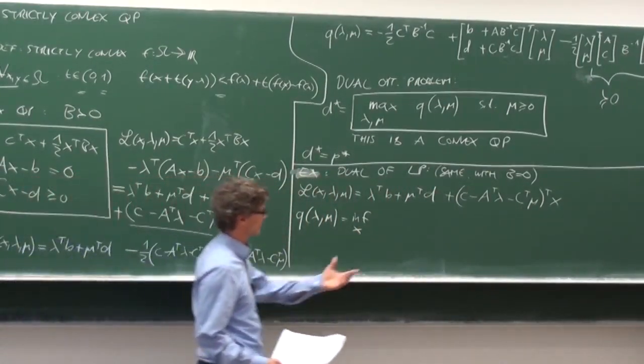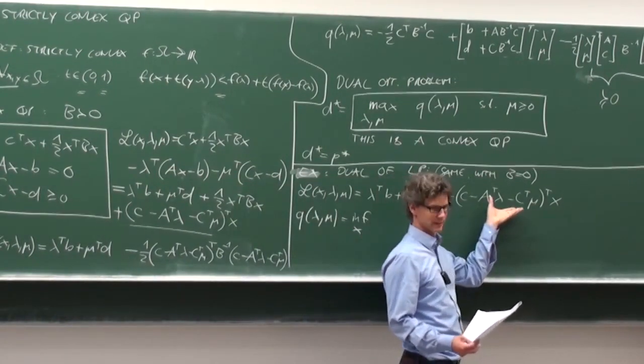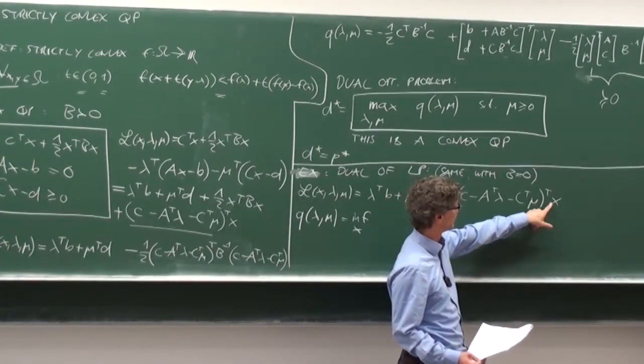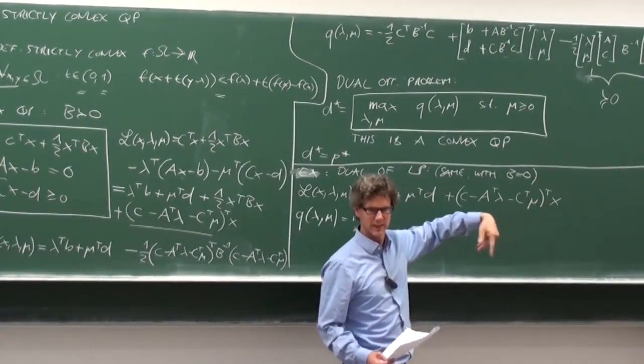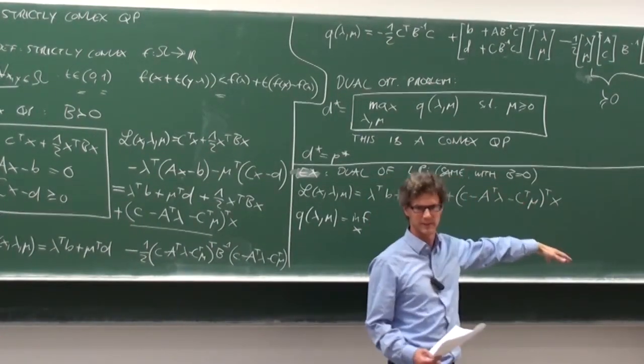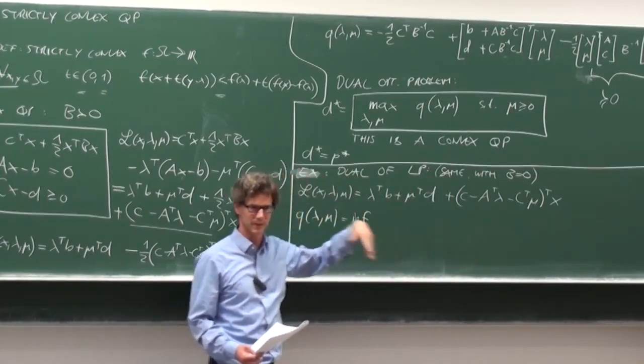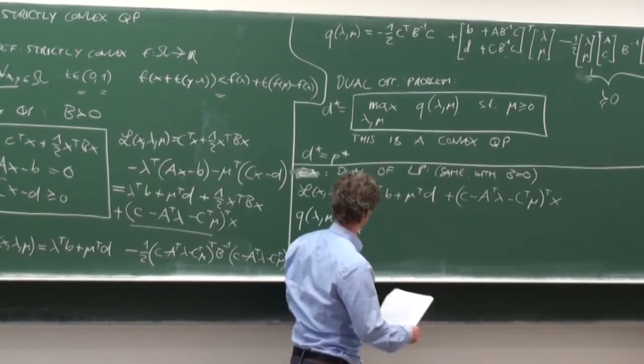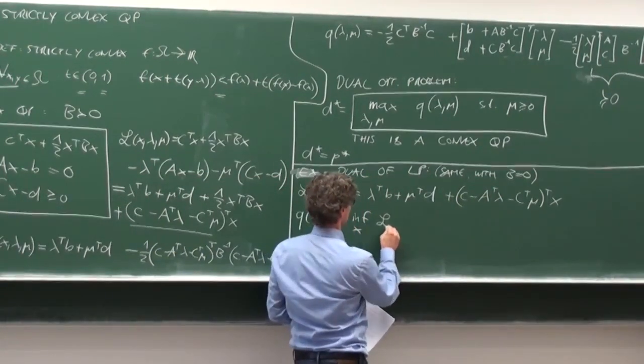Because if this thing is any vector that is non-zero, then you can always choose an x that makes this whole term minus infinity. So when you minimize, you will always get minus infinity whenever this is not 0.